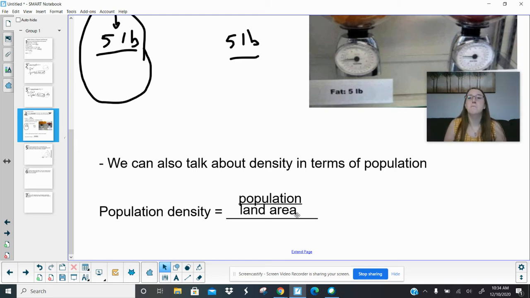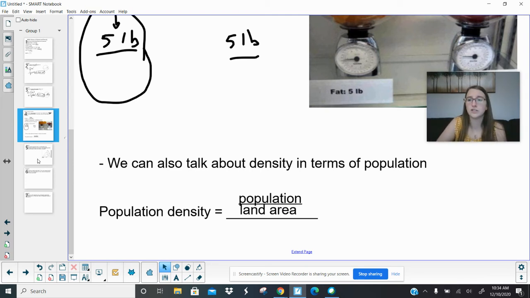Alaska is massive. If you've ever seen Alaska compared to the United States, it's like half of the United States, but no one lives there. So because their population is so small, but they have a massive land area, their density is very small. That means it's not very crowded, right? Very crowded in New York, not so crowded in Alaska.